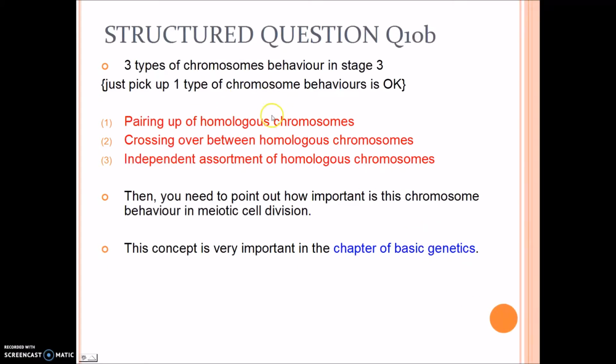It's not only for the reproduction chapters, human reproduction and plant reproduction, and then after these 2 chapters you can throw the cell cycle and cell division away. No, because in basic genetics you must visit this chapter again. So that's question 10.